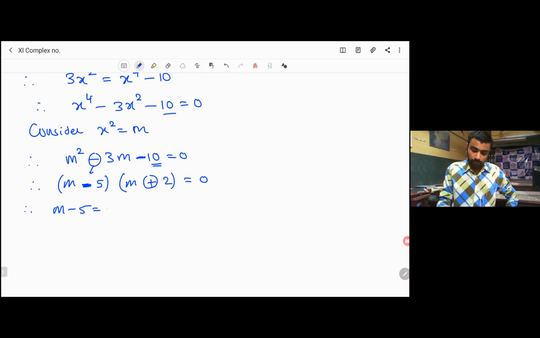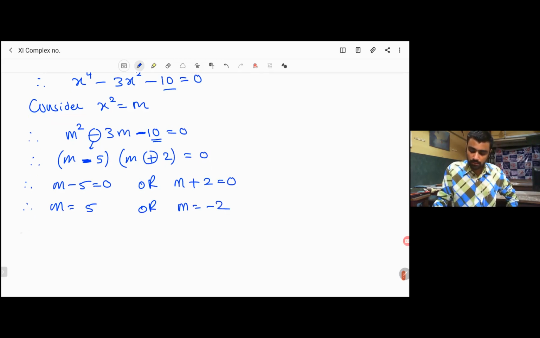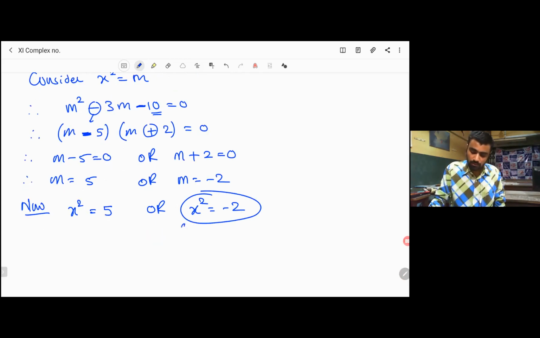And now the value of m is obtained: m is equals to 5 or m is equals to minus 2. And now we need to keep the m value as x square. Reconsider now, we will substitute the value of m back as x square. So this becomes x square is equal to 5 and x square is equal to -2. This particular one is not possible because x does not belong to the real numbers, therefore it is not possible.